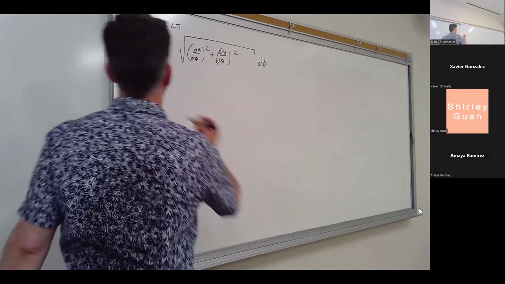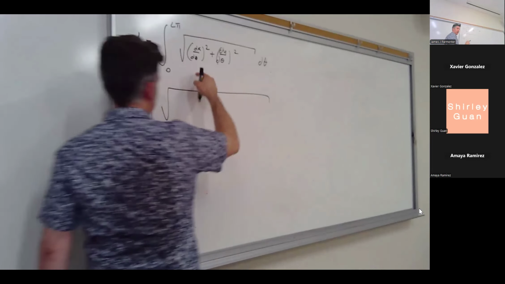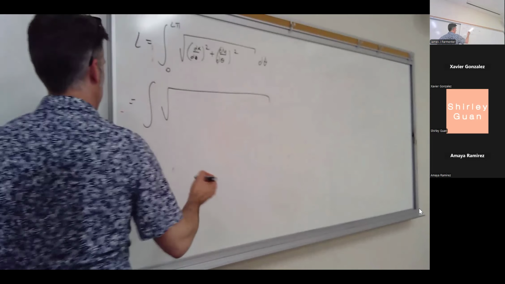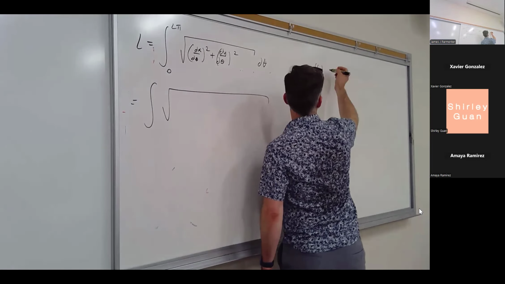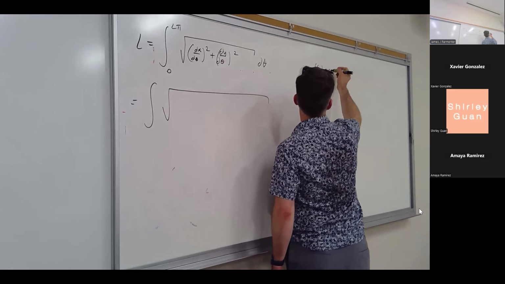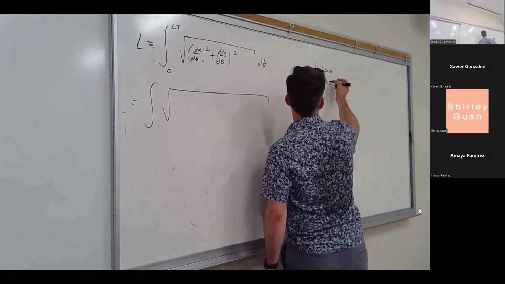So let's write this way. The integral of the square root of dx d theta, writing it in the general way where x is f of theta cosine theta, y is f of theta sine theta.